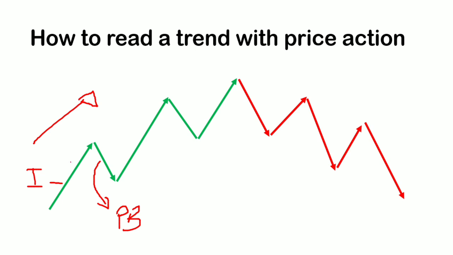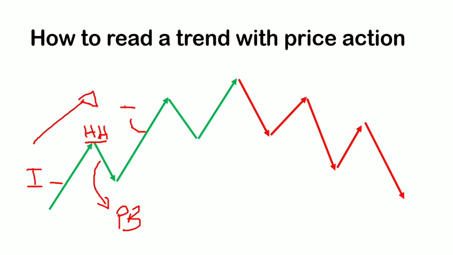So when the market creates an impulsive move, this new high that it creates here is called a higher high. And then when it creates a pullback, it will again create another impulsive move if this is an uptrend. So this is how we know this is an uptrend.